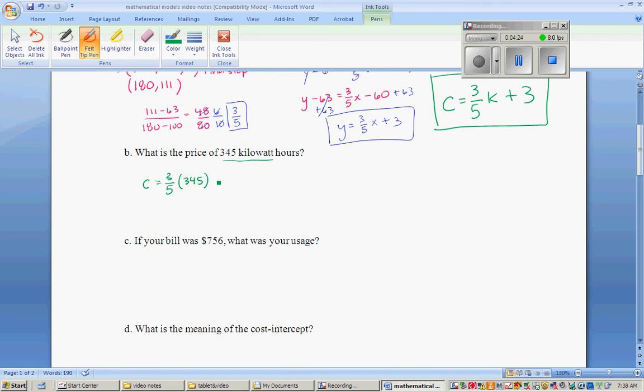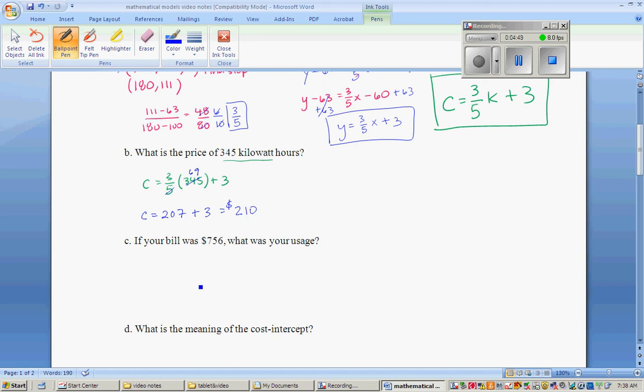Oh, convenient that that's going to cancel. Plus 3. We'll just clean up this mess and everything's going to be great. 5 goes into 345 69 times. And we're going to get that 3 times 69 is 207 plus 3. Yay, the cost is $210.